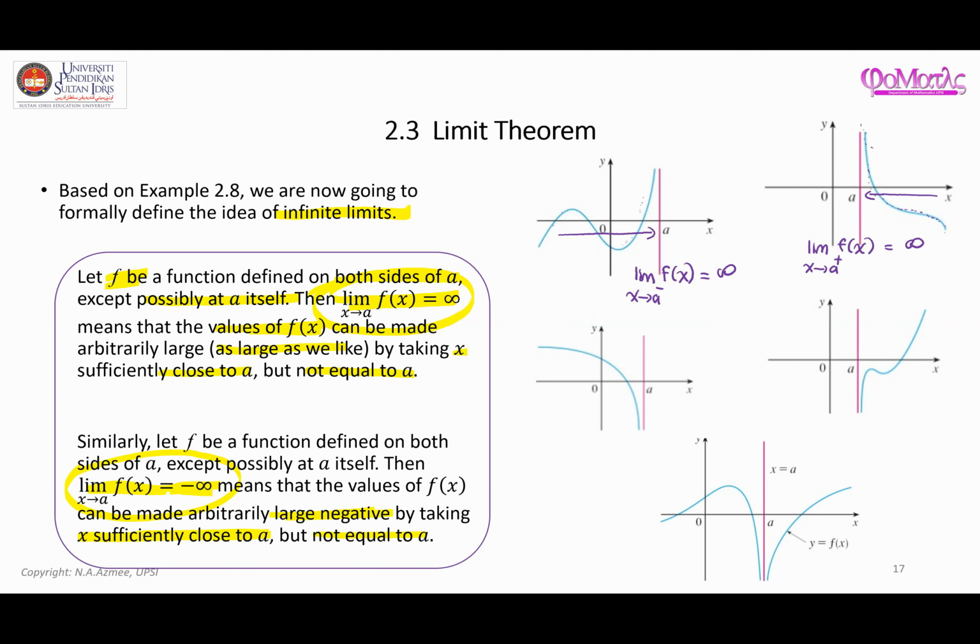Now for the third graph, you can see that x approaches a from the left direction. So the limiting value of this function when x approaches a from the left direction is equal to negative infinity. You can see the value here is going downwards, but it doesn't touch this asymptote.